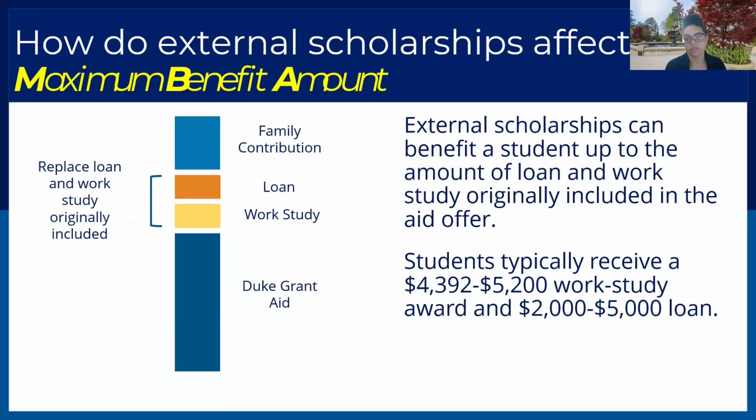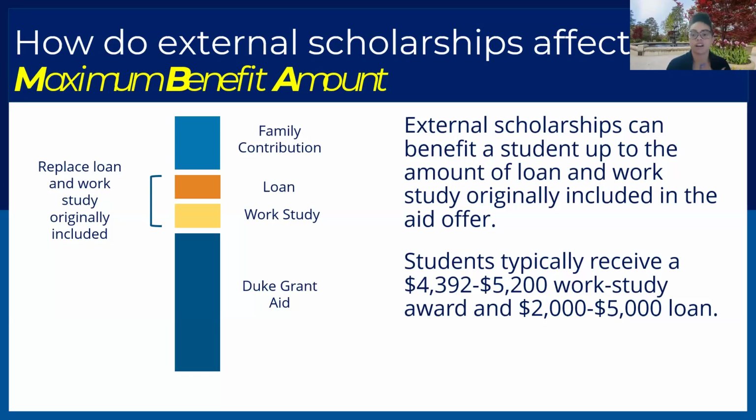So it's a complete replacement system. We give you as much as we can, negating loans and work study, and then we do have to reduce your Duke grant if you exceed the other two amounts. For example, if the total between a loan and a work study offer was $9,800, but you receive a $10,000 scholarship, that $200 would reduce the Duke grant by $200.